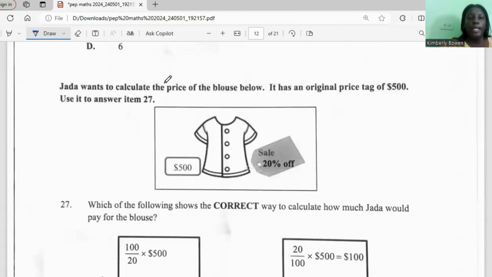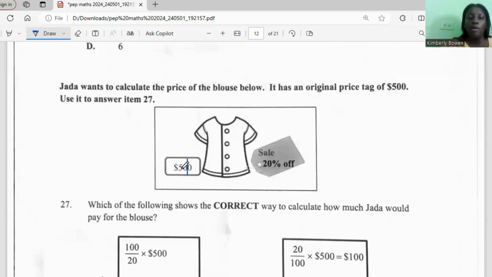Jada wants to calculate the price of the blouse below. It has an original price tag of 500. Use it to answer item 27. 20% off for the sale price. We know that 10% of any 3-digit number is the first 2 digits.